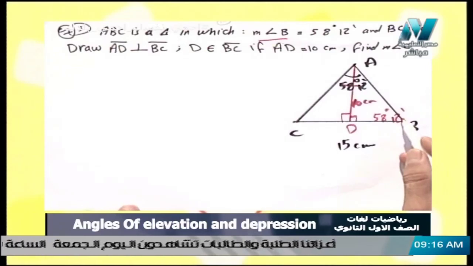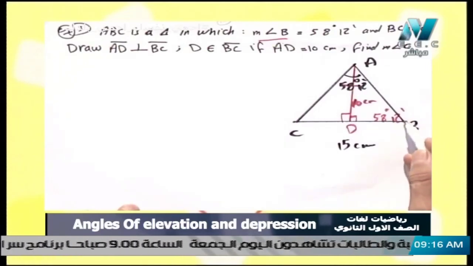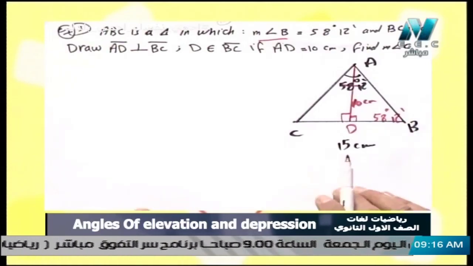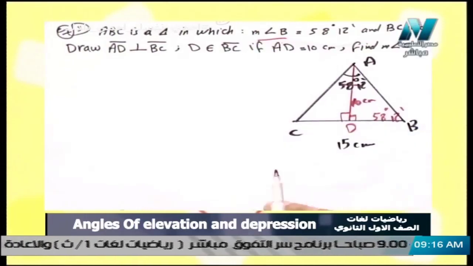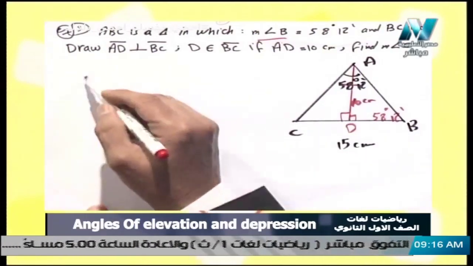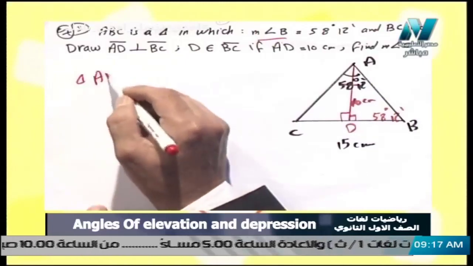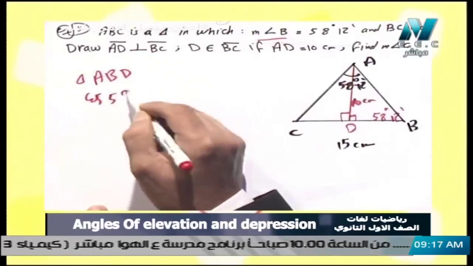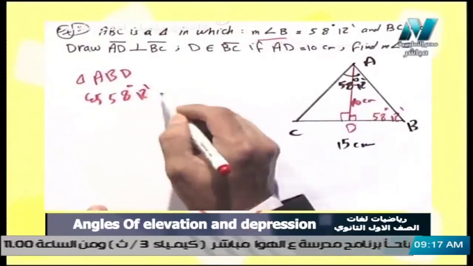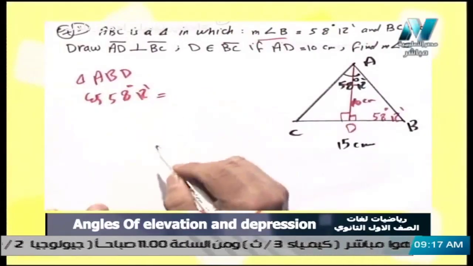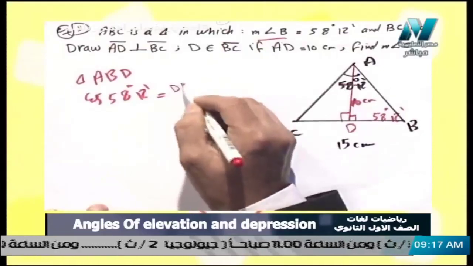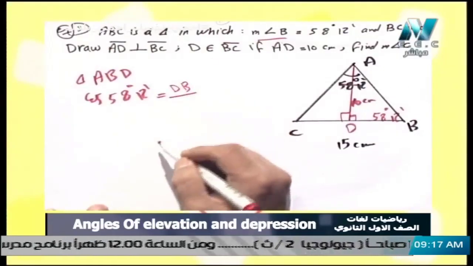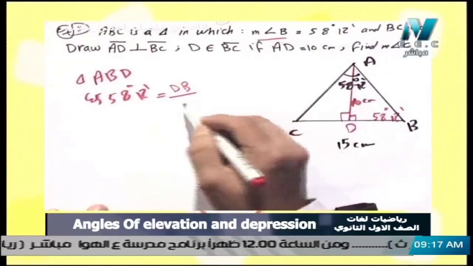Okay, cosine in triangle ABD, cosine 58 and 12 equals DB over 10.